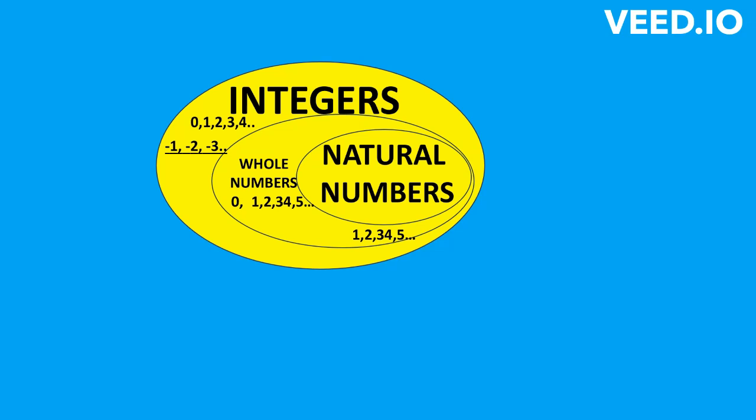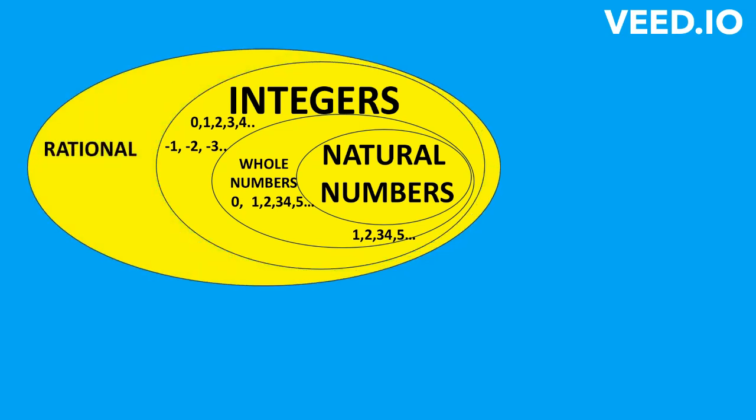We have rational numbers, which is a bigger superset: the numbers which can be expressed in the form of fractions or decimals.